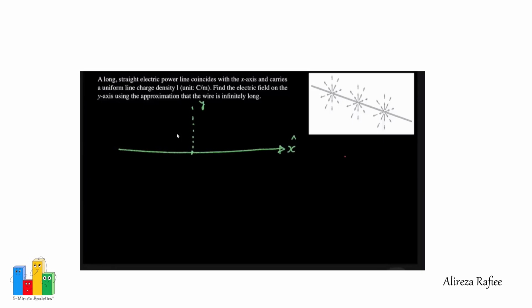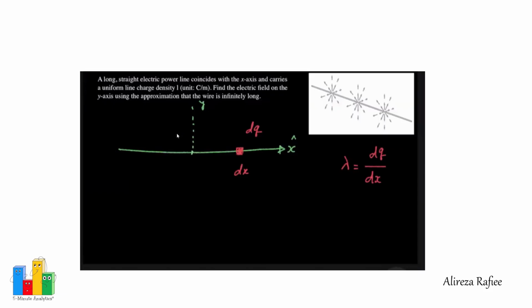Let's define this charge density lambda, which you can estimate to be dq divided by dx. What does it mean? It means any little piece dx of the line you pick has some dq charge on it. So this little tiny part of the wire, dx, has dq charge on it.